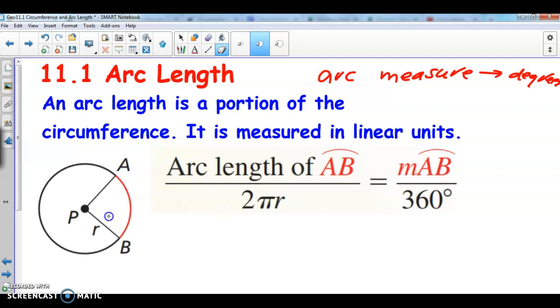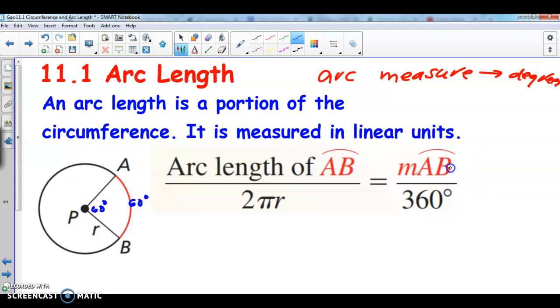So we know that, let's say this is 60 degrees. If this is 60 degrees, the central angle, then the corresponding minor arc is also 60 degrees. So we're going to look at what fraction of the entire circle, or of the total angles in the circle, is 60 degrees.